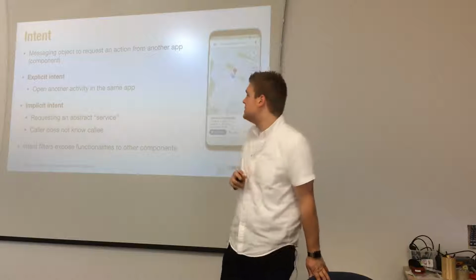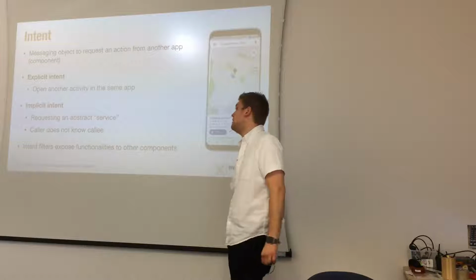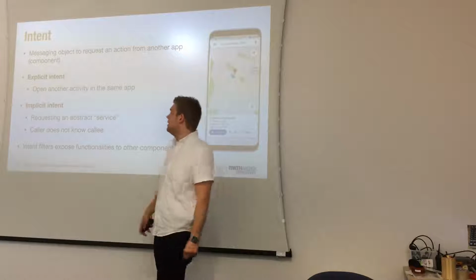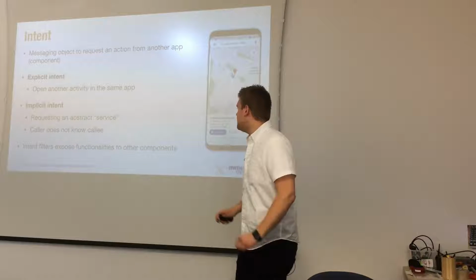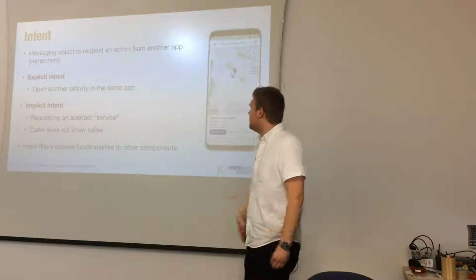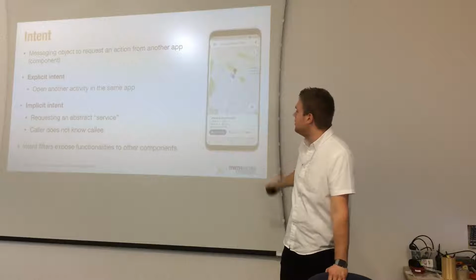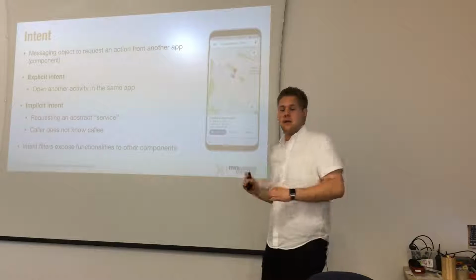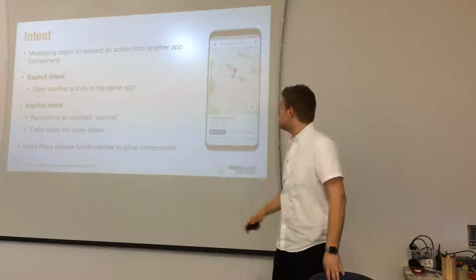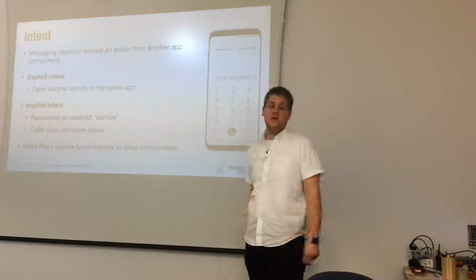But an implicit intent is also possible because the idea of Android was to share activities. So I can just say, I want to call somebody. Is there any app that can call a person? If I'm here in Google Maps and I'm pressing this call button, I'm creating an implicit intent that says, please call somebody with this number, and then the new activity appears and I'm in the phone app.